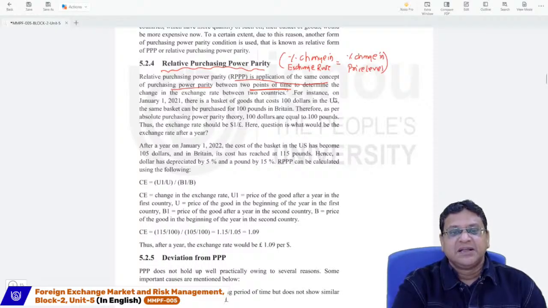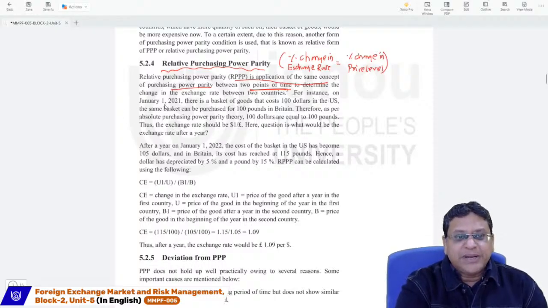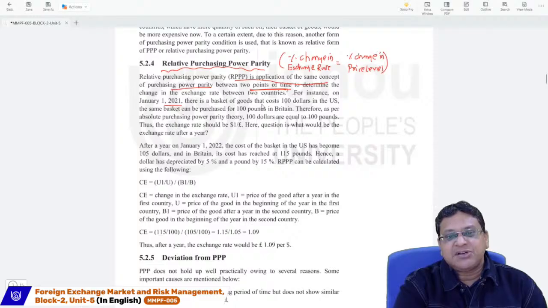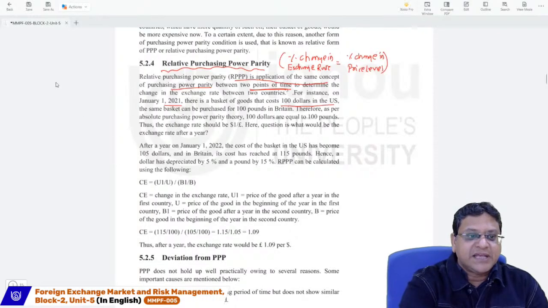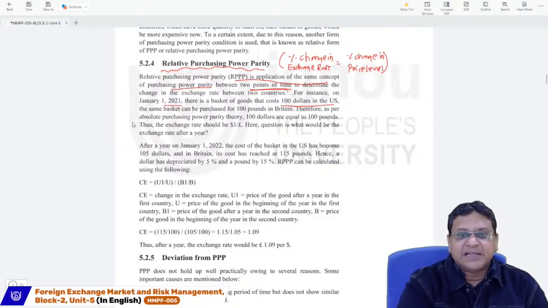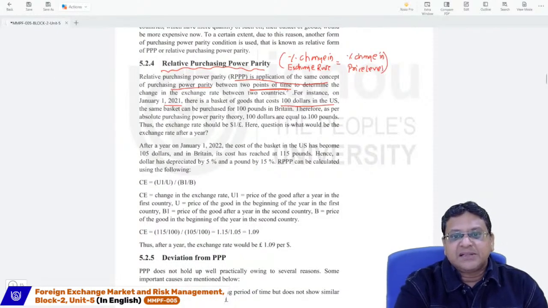For instance, on January 1, 2021, there is a basket of goods that costs $100 in the US. Two countries are there, one is USA, another is Britain.